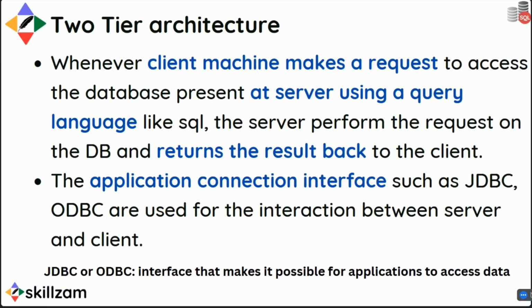ODBC is for Microsoft; if you are using Microsoft SQL Server, you would be using ODBC. It is an application connection interface, kind of a socket connecting the two. It just links the application and the data so that you can execute queries and access data from the table. It is simple.